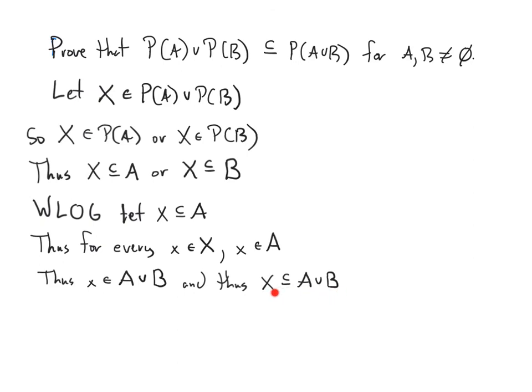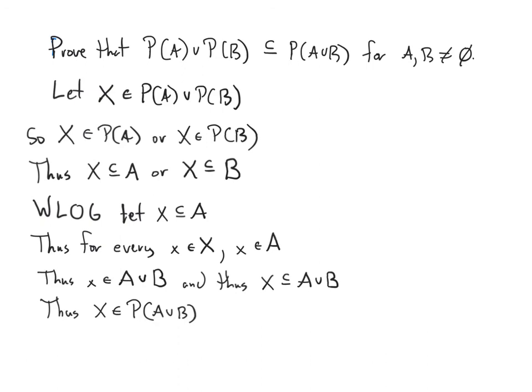So, if X is a subset of A union B, well, that means then it's an element of the power set of A union B. And remember, that's what we wanted to show. Maybe we could have written that up here just to make sure we understand what's going on.